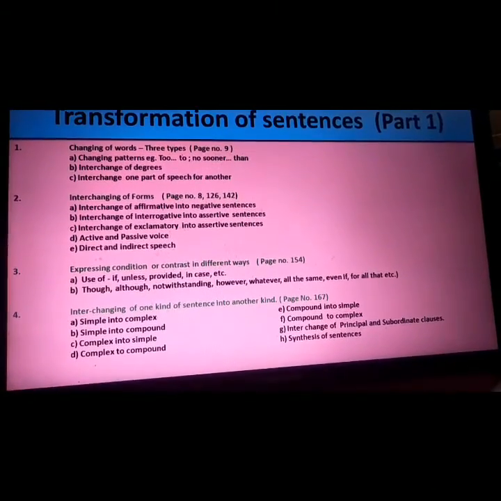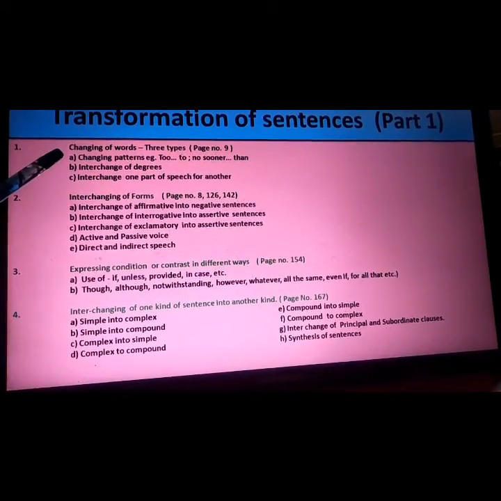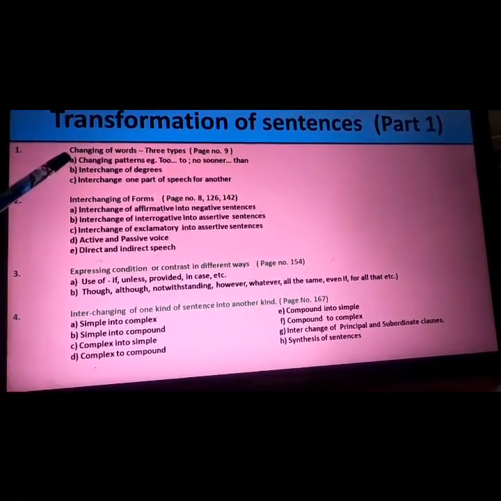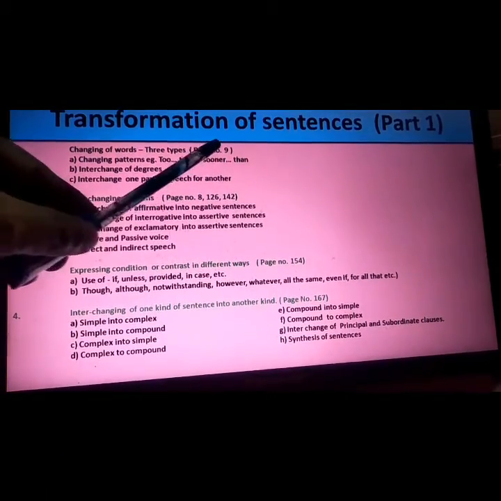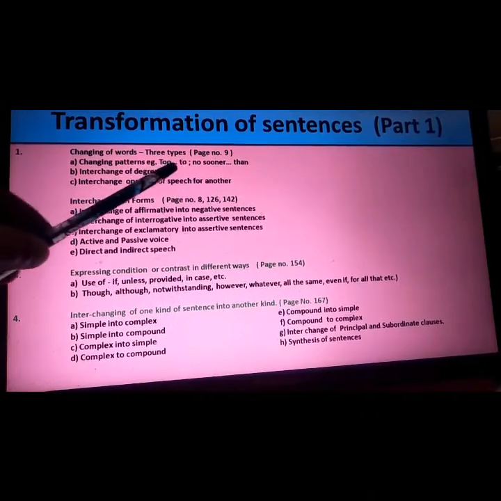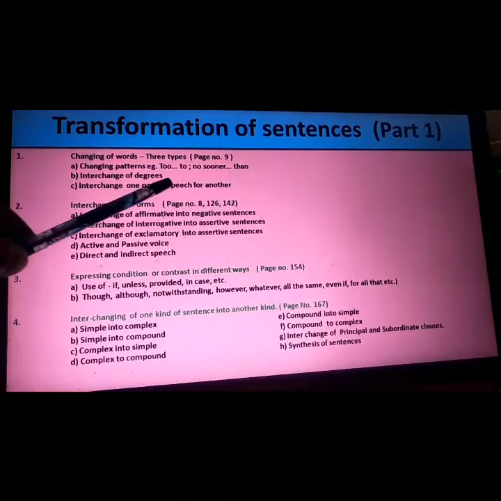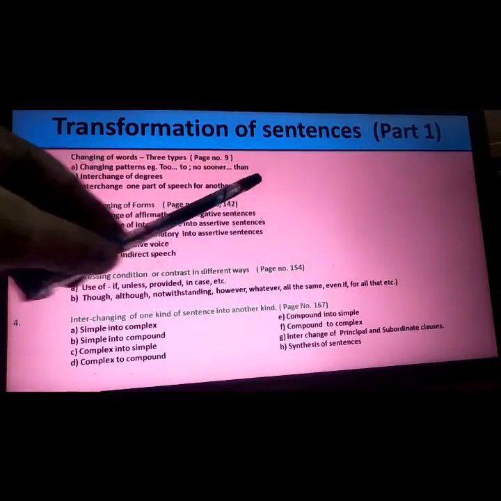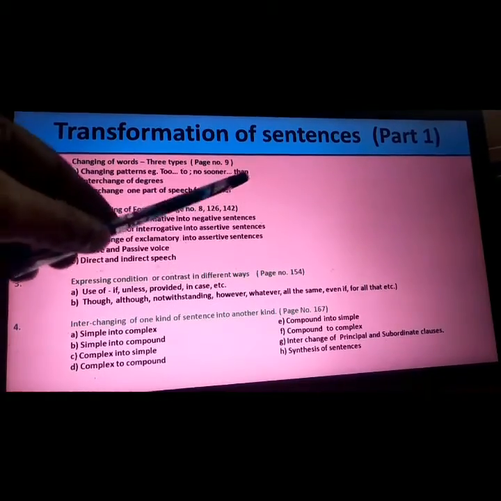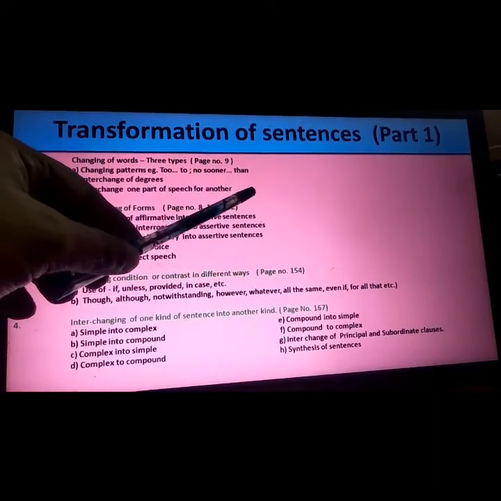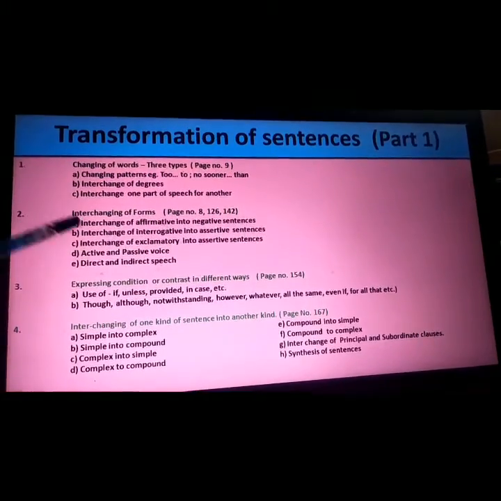My dear students, our mind map is ready on the topic transformation of sentences. We have in the first part changing of words, basically three types, in page number 9. Changing patterns to, and then no sooner than, interchange of degrees, positive, comparative and superlative, interchange of one part of speech for another, noun changing into verb or verb changing into adjective, and so on.